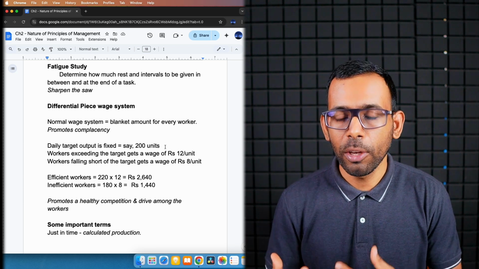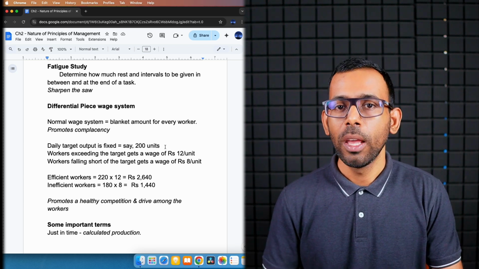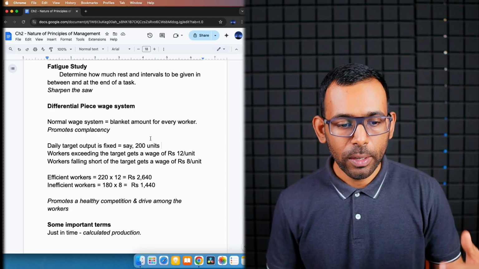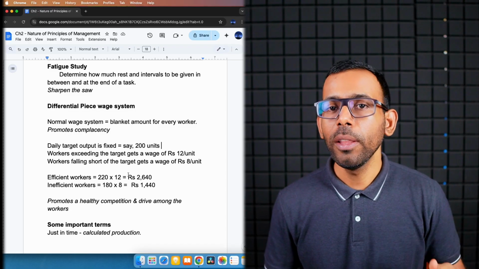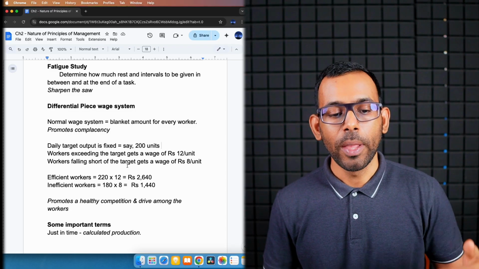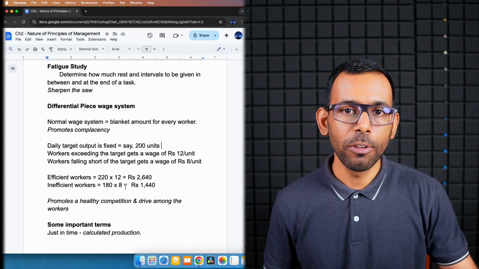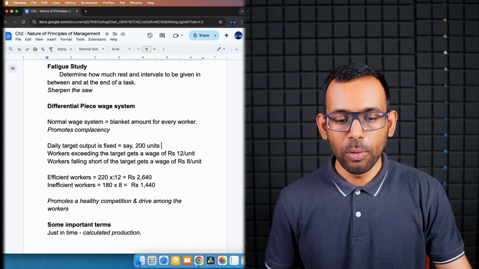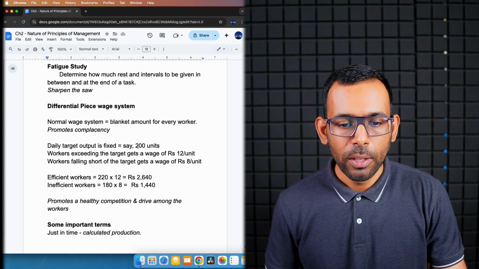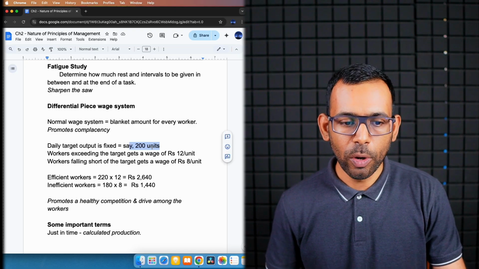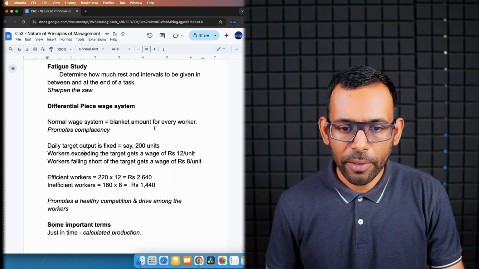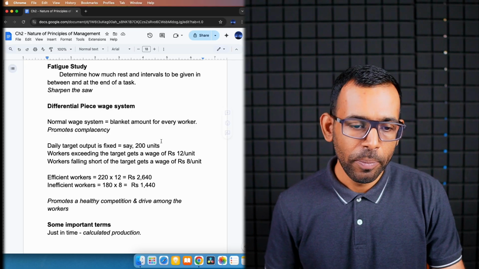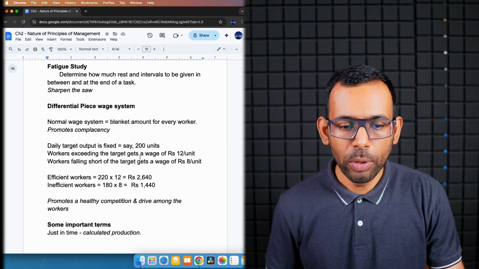What do you do after you find out who was efficient and who was inefficient? Taylor says to reward the efficient workers more and penalize the inefficient workers a little bit. Now we can see our example. The target fixed was 200 units, and instead of having one standard rate for every worker, we have two differential rates.